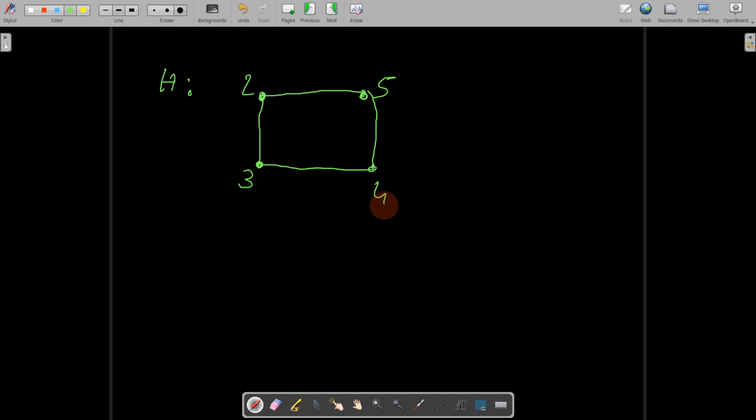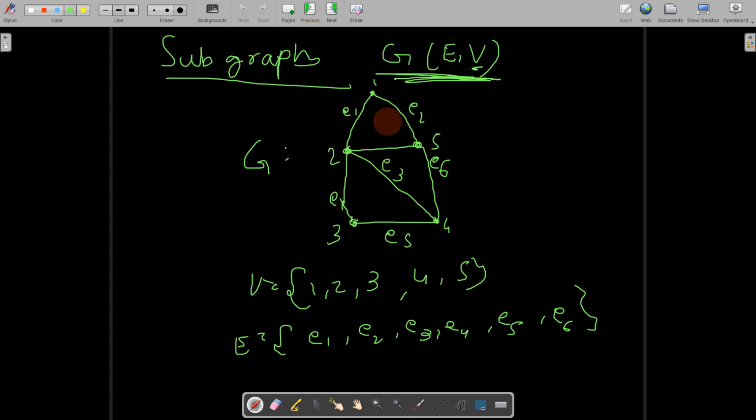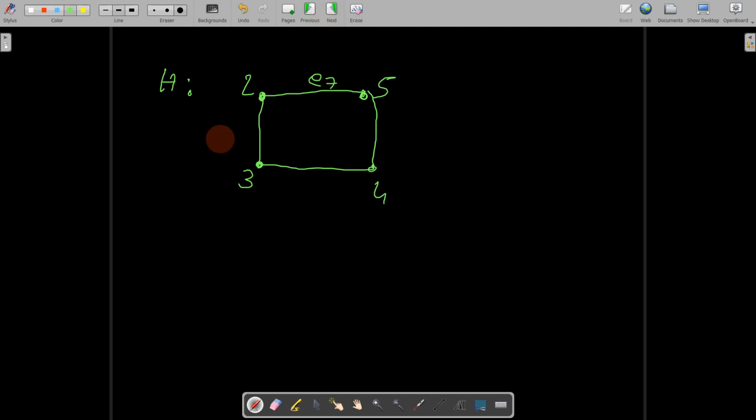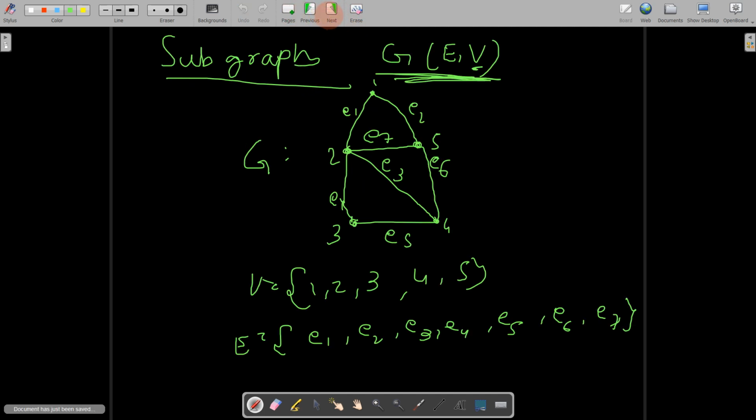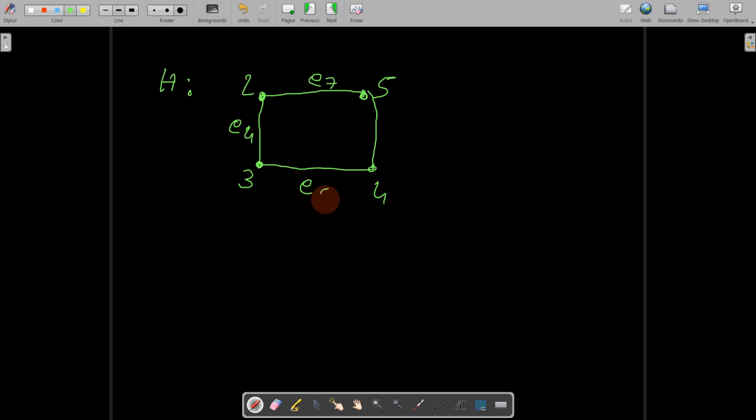And edges will be E7, E4, E5, and E6. So our H is a subgraph of G.